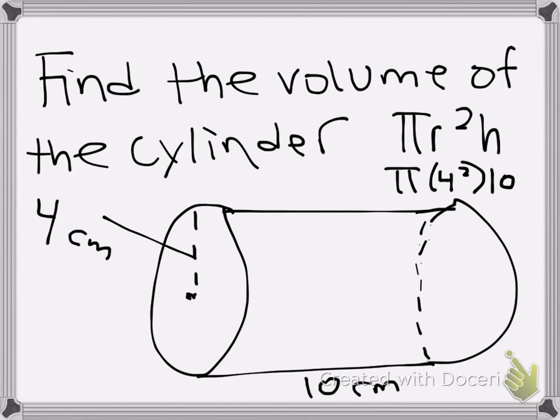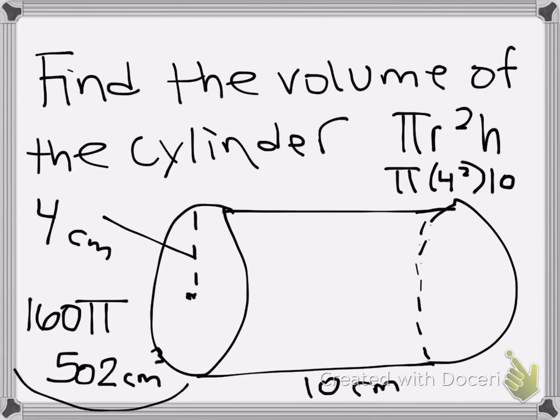So if we multiply, we get 4 squared, which is 16, times 10, 160. And again, you could either leave it in terms of pi, or you can figure out 160 times pi, which gives us about 502. And we label this for volume. It's going to give us centimeters cubed. So those would be the possible answers there.